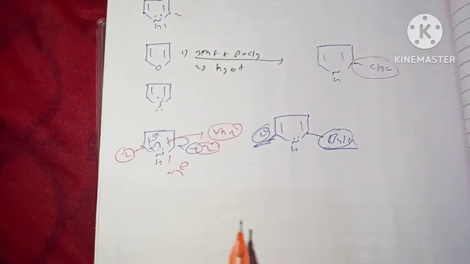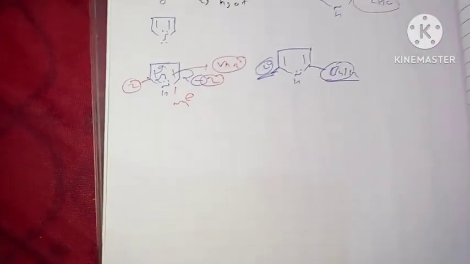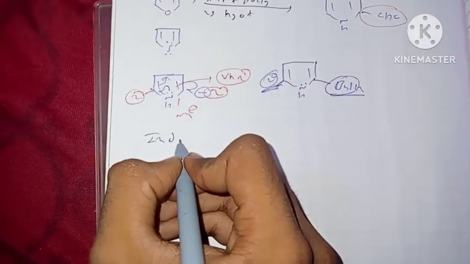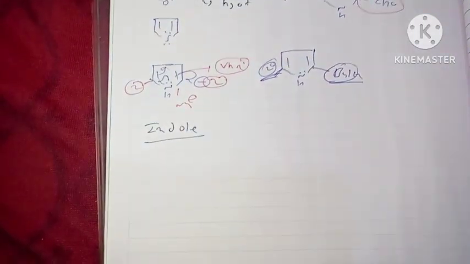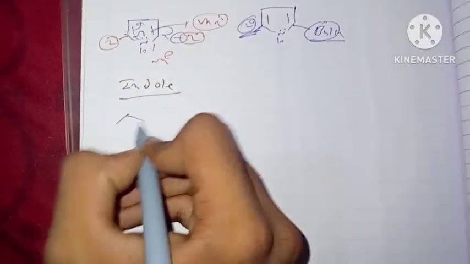Okay, now another example is indole. Another heterocyclic ring is indole. This is the structure of indole.